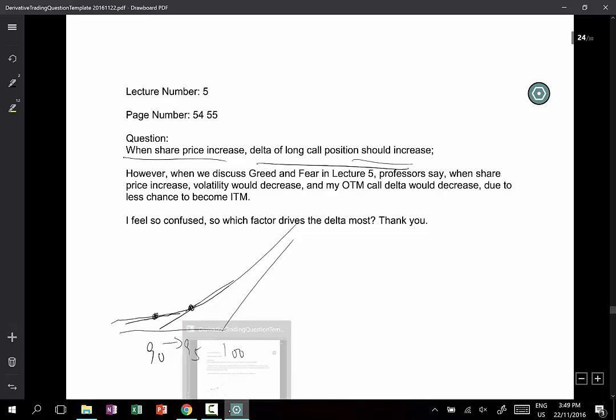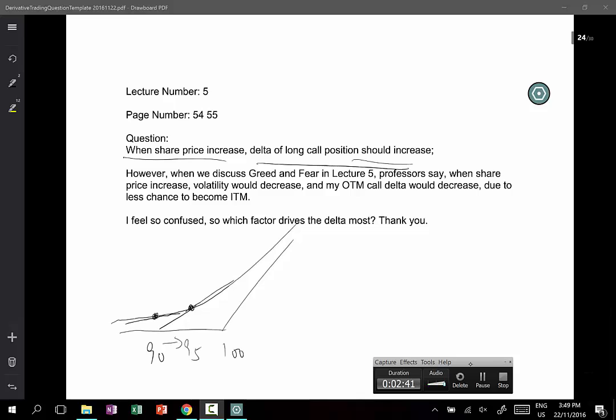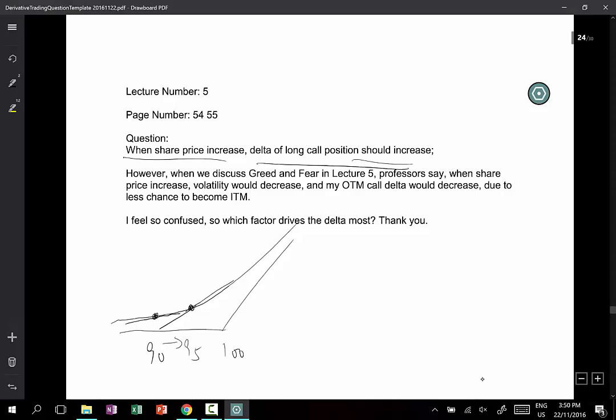So mathematically, when you have an out-of-the-money call option and the market is rising, the delta of the call will also rise. This is a simple, clear-cut mathematical outcome, so no one can argue with that.